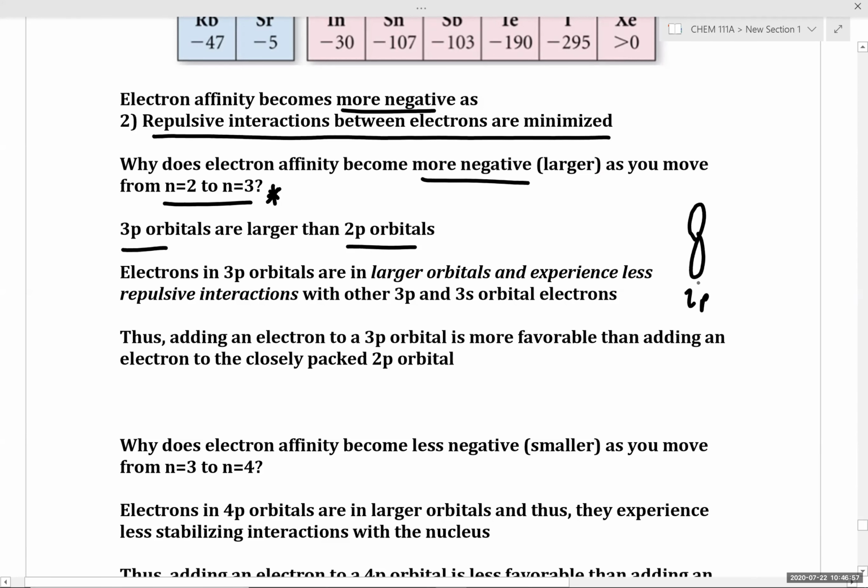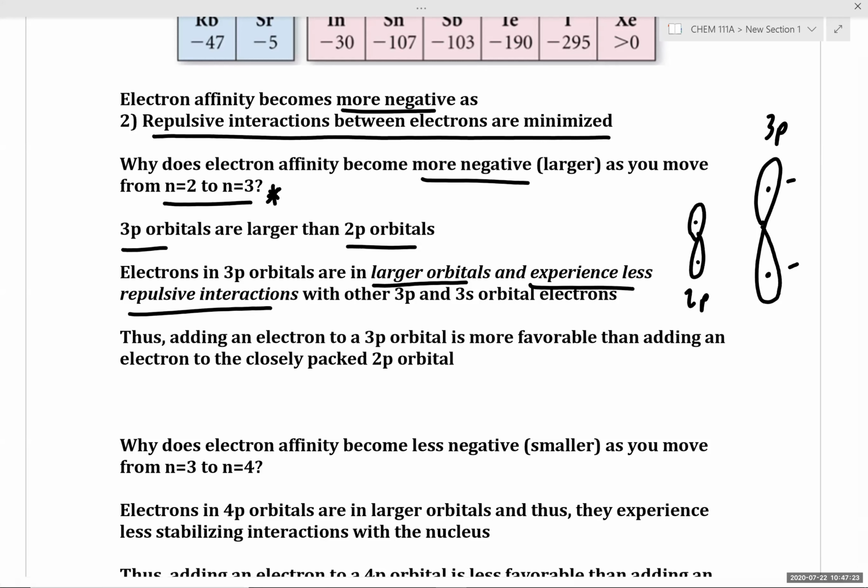So here's our 2p orbital, here's our 3p orbital. And as a result, if we have electrons in the 3p orbitals, because they're larger orbitals, the electrons in turn have more space to occupy and generally experience a smaller amount of repulsive interactions.